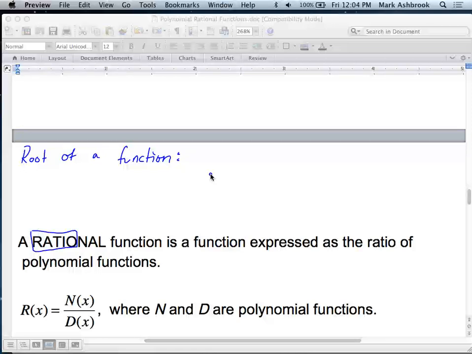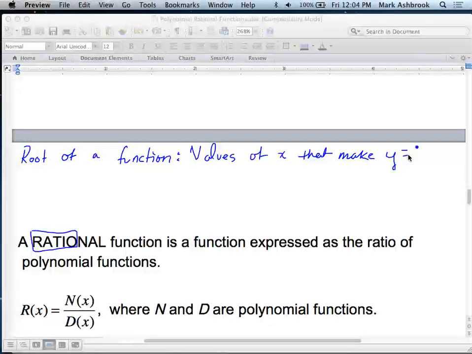Which is it? Any value of x that makes y 0, where the output is 0. So it's the same thing with rational functions: values of x that make y equal to 0.